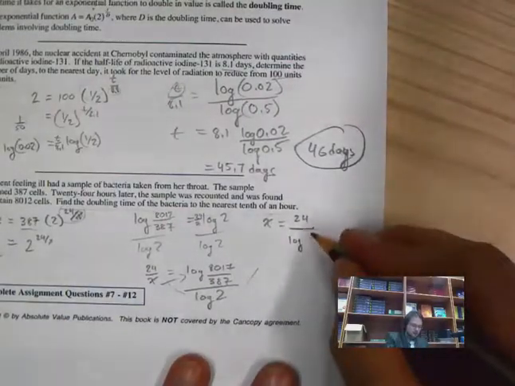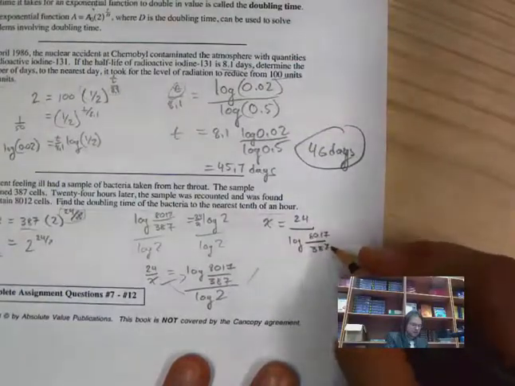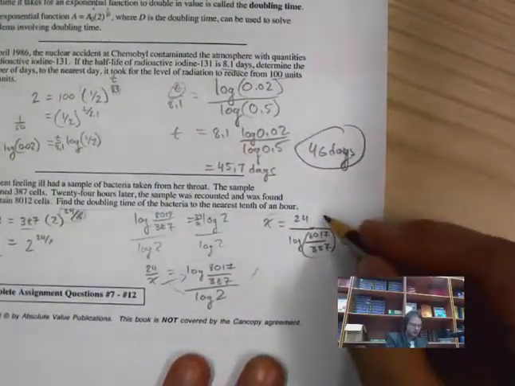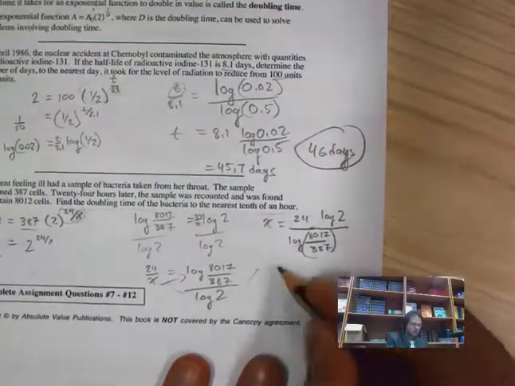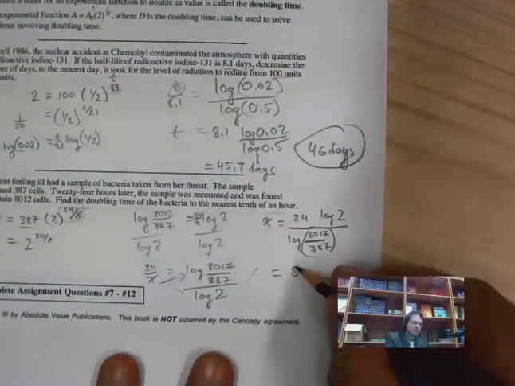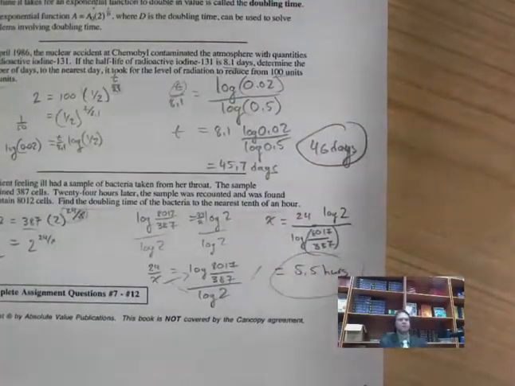Log 8,012 over 387, multiplied by, because I'm just flipping this, log 2. And I plug that into my calculator, I'm going to get 5.48, which is 5.5 hours.